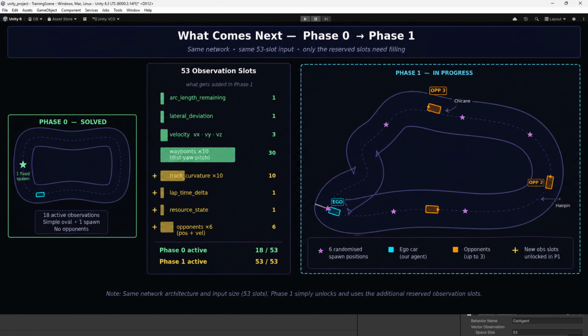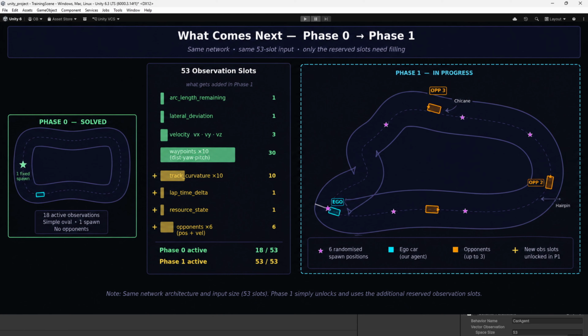Phase one is where it is getting interesting, and we will introduce a more complex track with a different layout, a variable starting position, so that the agent can't just memorize one trajectory, and eventually other agents on track. Those are the opponents that it's trying to sometimes avoid.